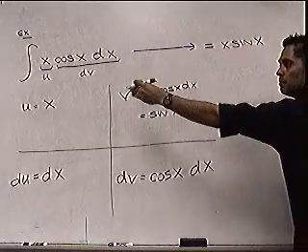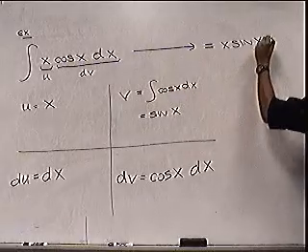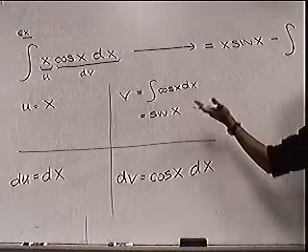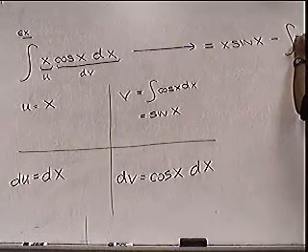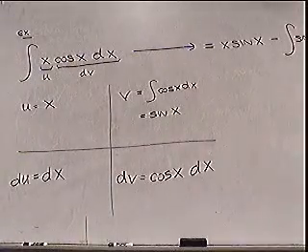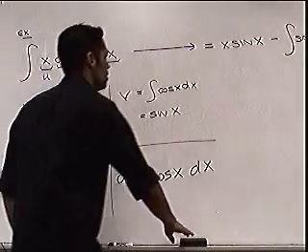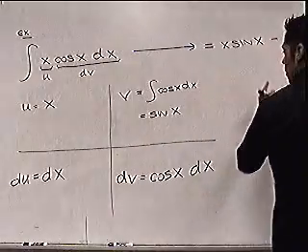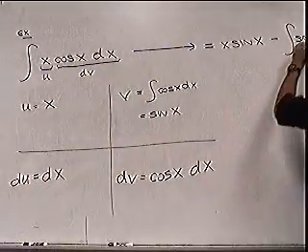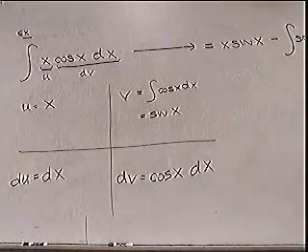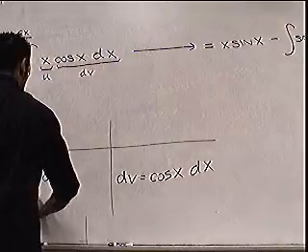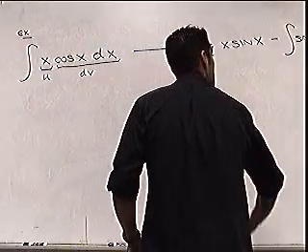That's u times v, minus integral of v, which is sine x, I'm off the camera. Sine x, that's v, du is dx, so dx, right? So I'm going to get rid of this table so I can get it all on one frame.